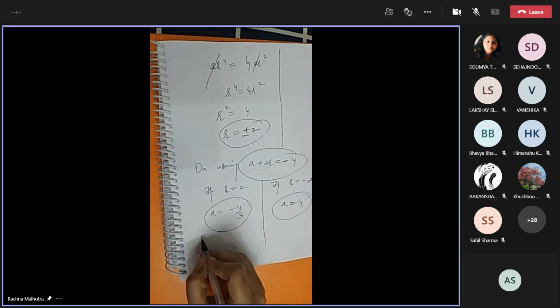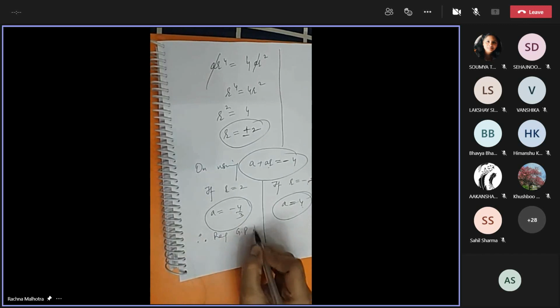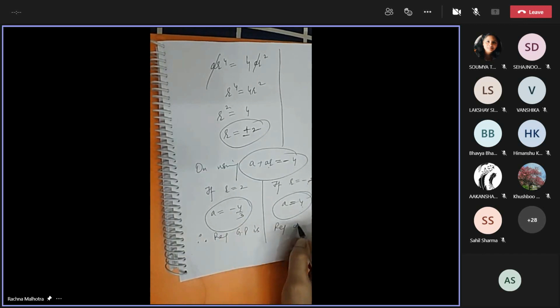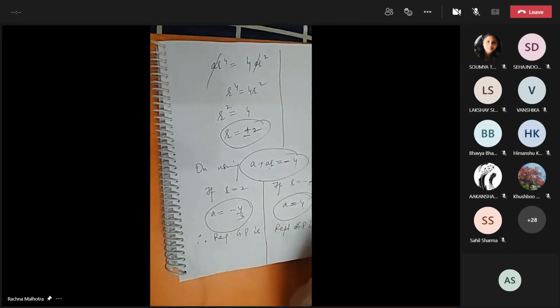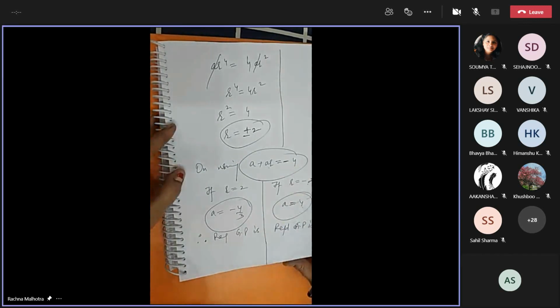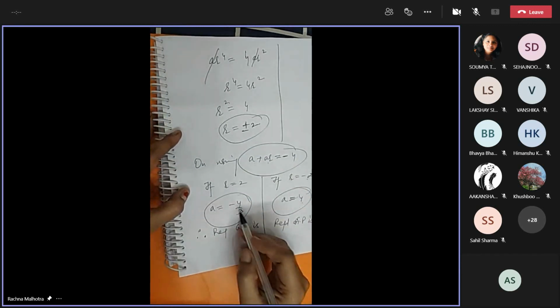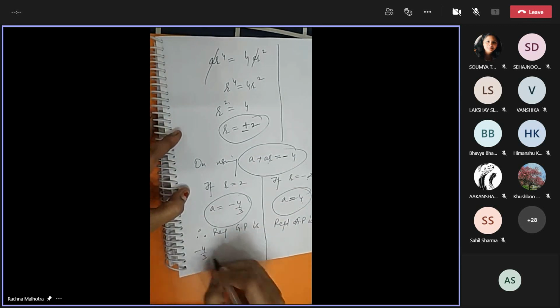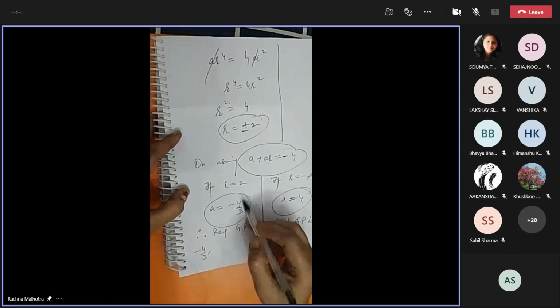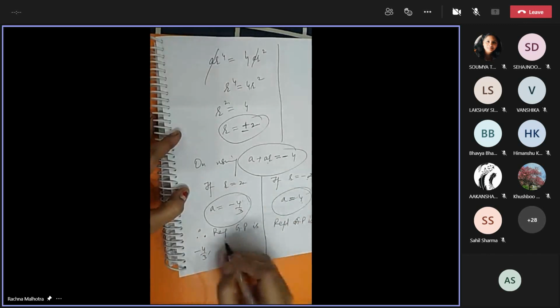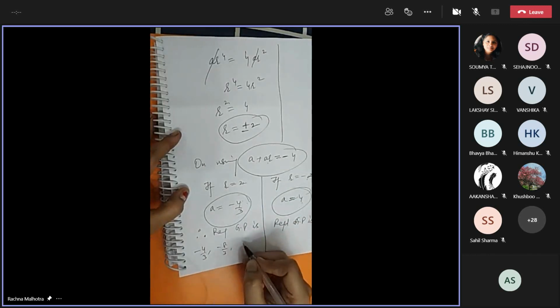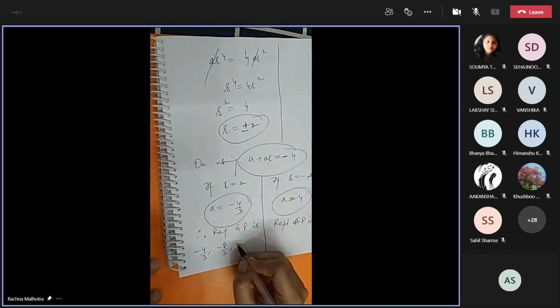Therefore the required GP is: what are the terms of a GP? A, AR. What is A? This is A, AR means multiplied, minus 8/3, AR square minus 16/3, and so on.